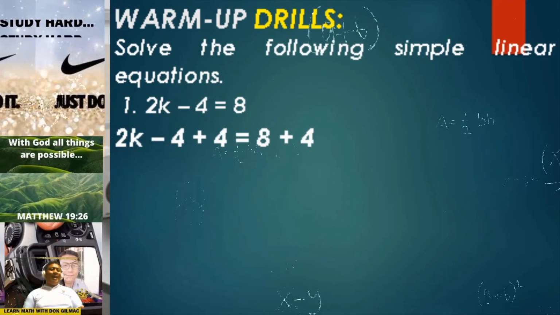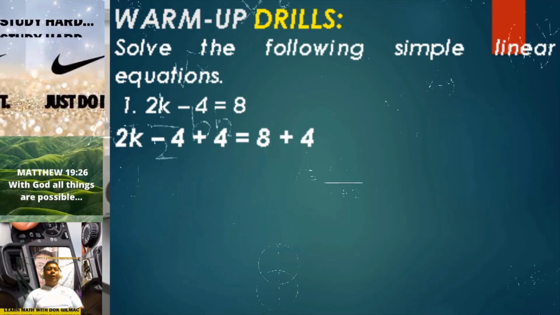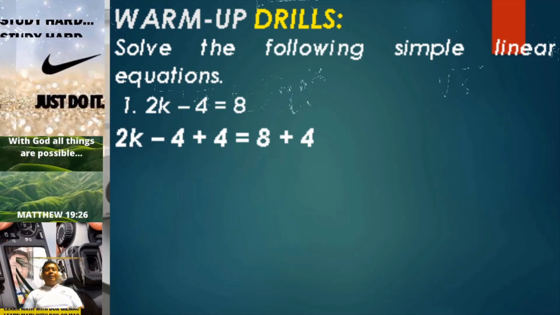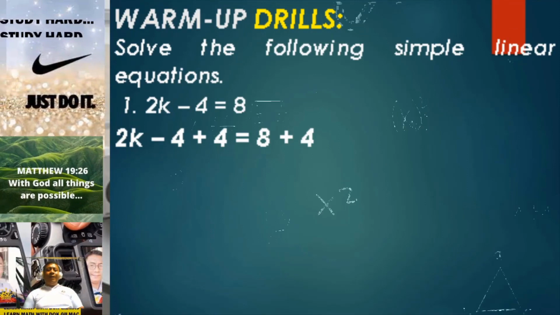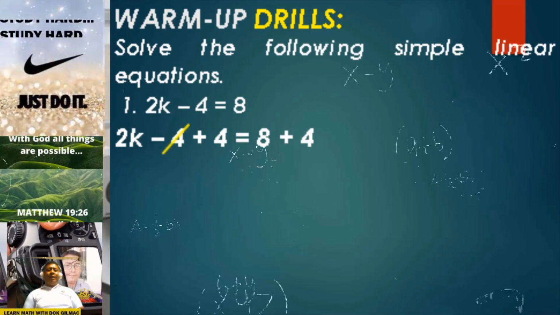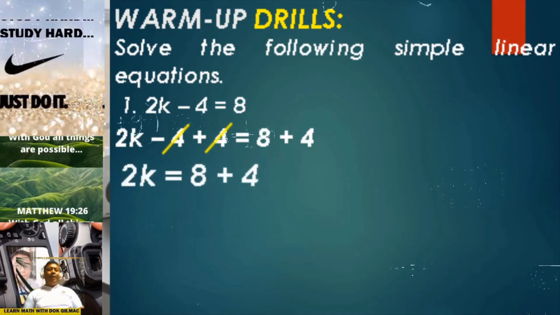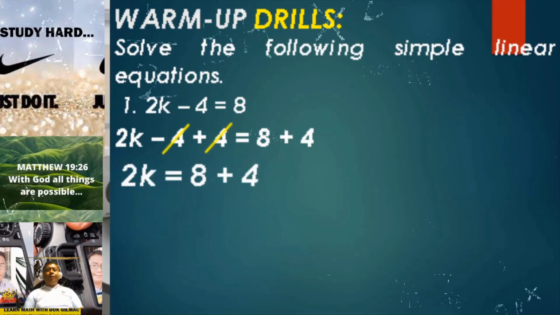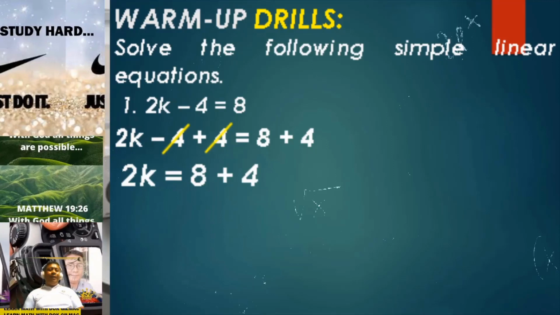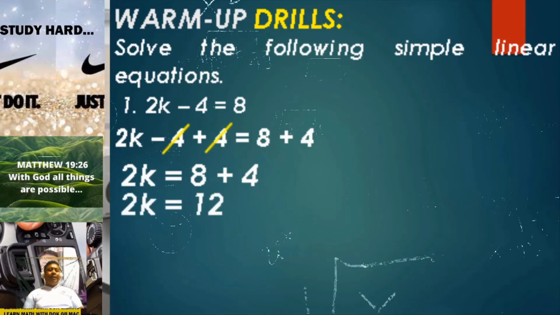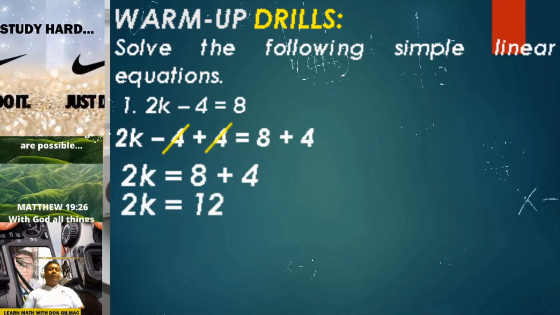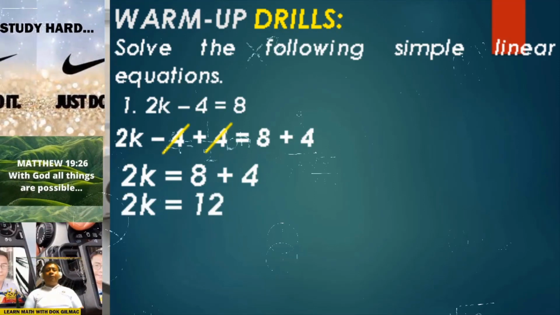We can simply cancel negative 4 and positive 4 since they are additive inverse. Cancel out negative 4 and 4. So we have 2k is equal to 8 plus 4. Simplifying further, 2k is just equal to 12 since 8 plus 4 is equal to 12.